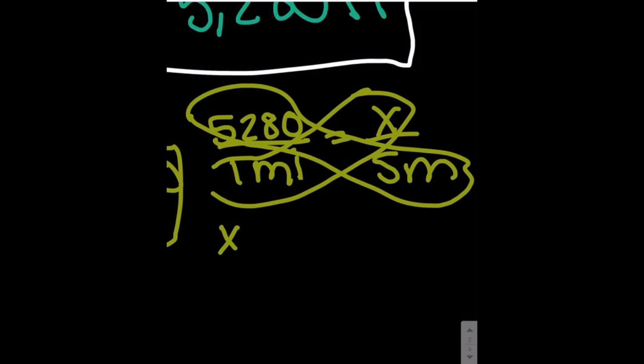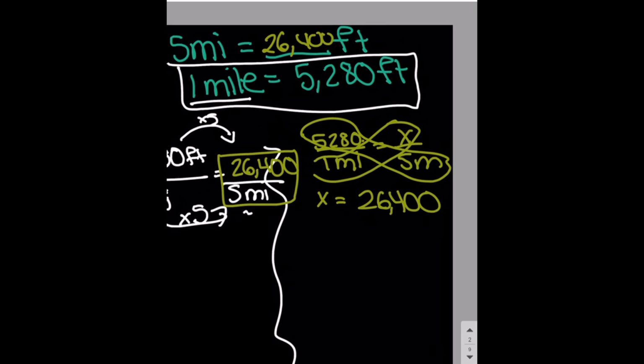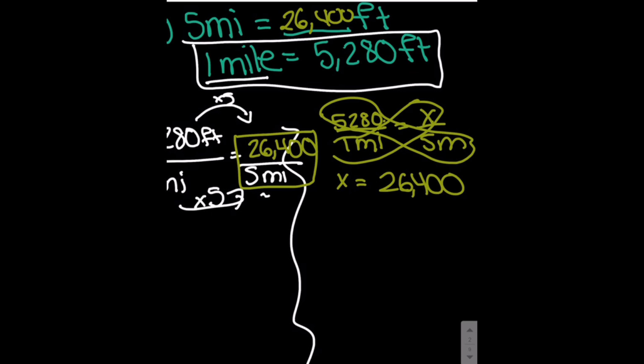You could put 1x in front of it, but really it's just x. And that equals 5,280 times 5. That gives me the same exact answer. And that x represents, because remember this is 5 miles, the feet.